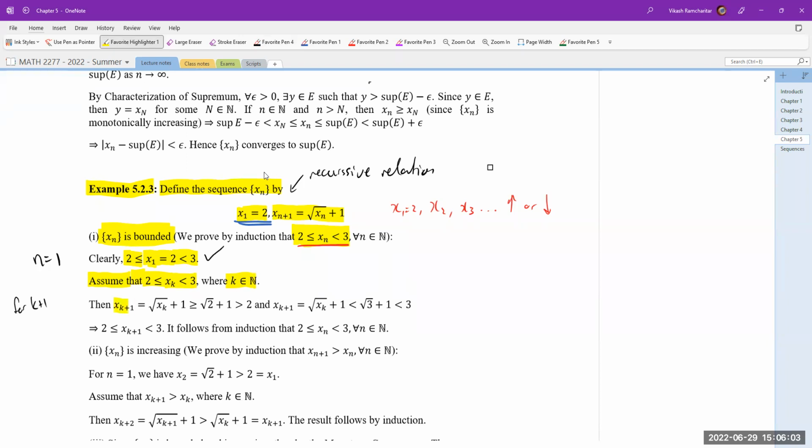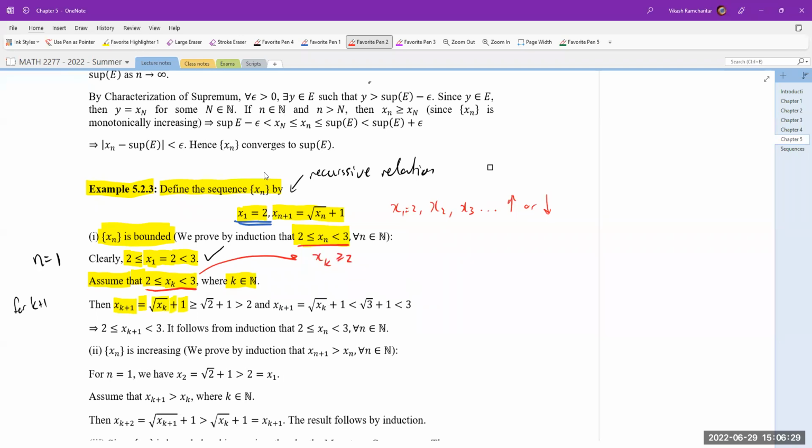So consider x_{k+1}, the k plus 1 term. Well, from the recursive relation, we know that that's the square root of the previous term plus 1. Now we need to use our inductive hypothesis. We know xk is bigger than or equal to 2.